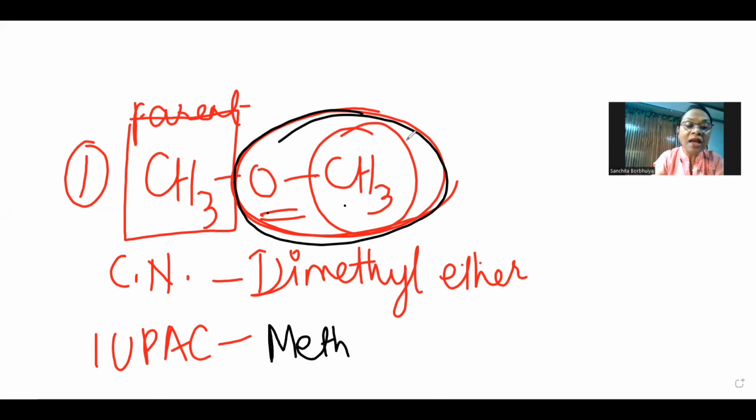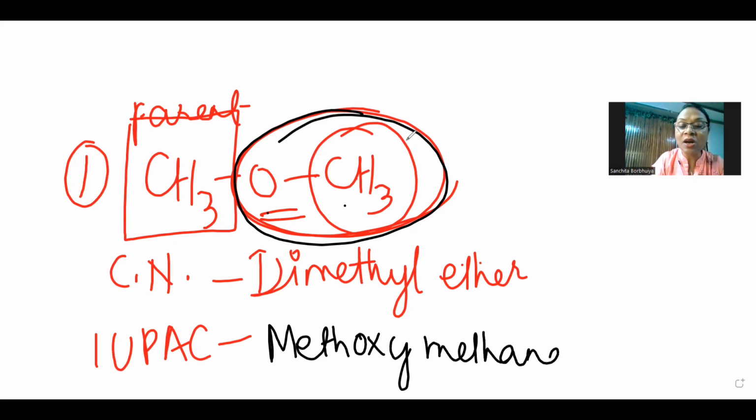Methyl's meth and oxygen's oxy makes it methoxy. So the methoxy group is substituted on the CH3, which is derived from methane. One of the hydrogens is replaced with a methoxy group. So the IUPAC name of this compound is methoxy methane. So this is how the symmetrical ethers are named, and you can do a lot of variations in this aspect.